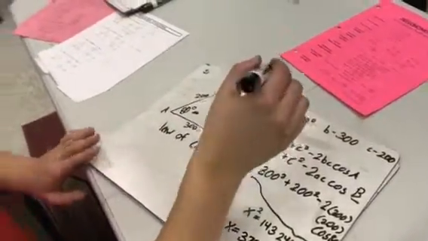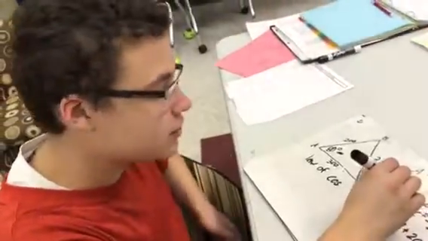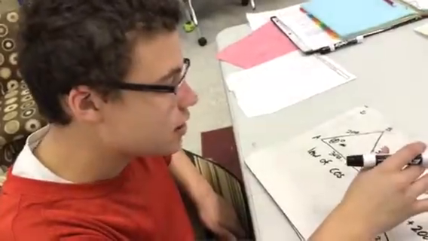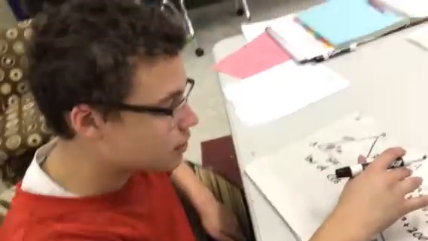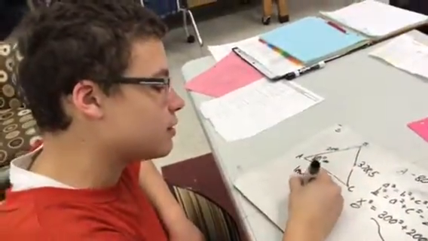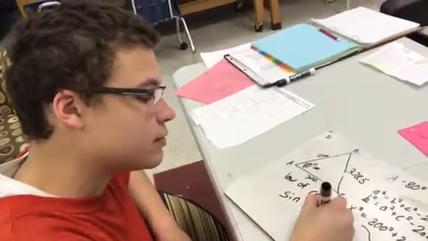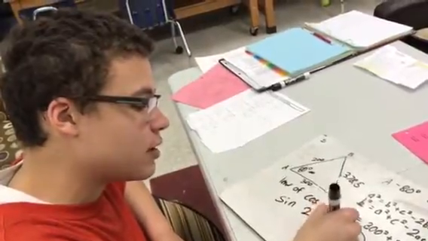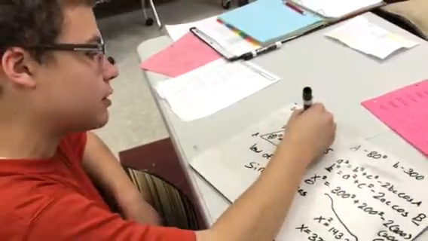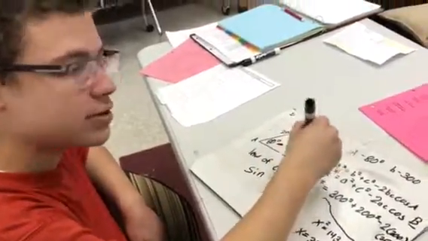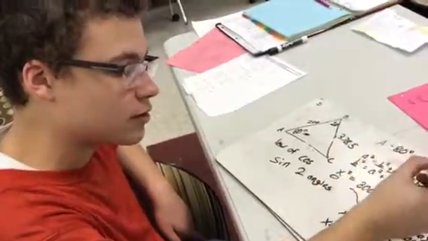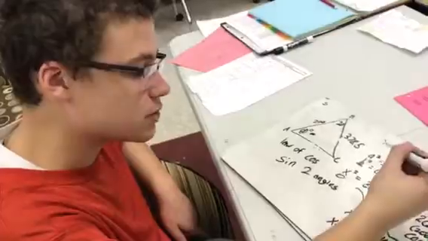Now with this formula, if you really wanted to, you can go between sine and cosine, but sine has its benefits and cosine has its things. Usually you can only use sine if you have two angles. So if instead of having 300, I had a 20 here, I would have to use sines, and I couldn't use cosines because I have to have two definite sides to use cosine.